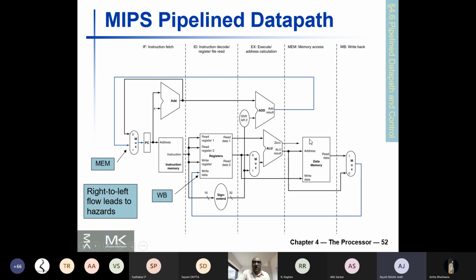Now we'll see how to design the data path for incorporating the pipelining concept. As we are seeing, we use the same data path in the case of pipelining also.